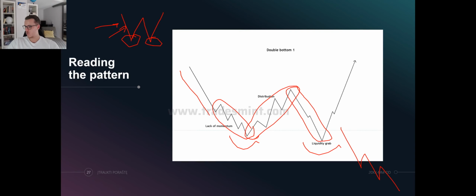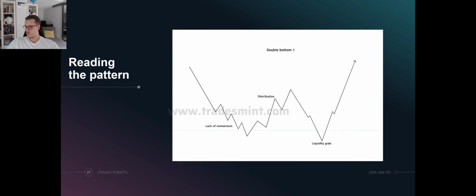Let me delete this really quickly. We have this support right here, and this support right here. So we have lack of momentum, we have distribution, and bears try to take over with this move. They liquidate these buyers right at this support, and then boom, bounce.